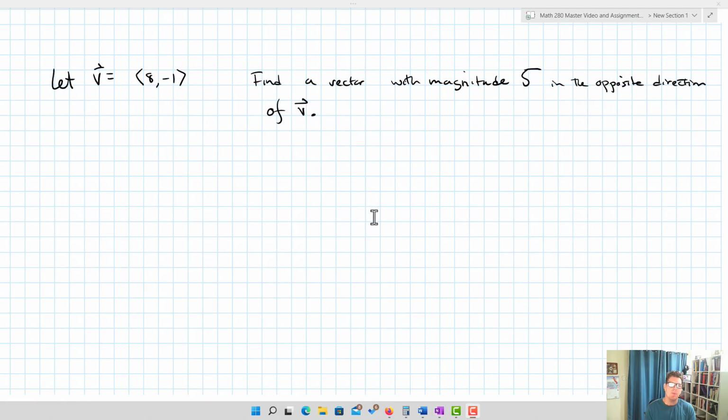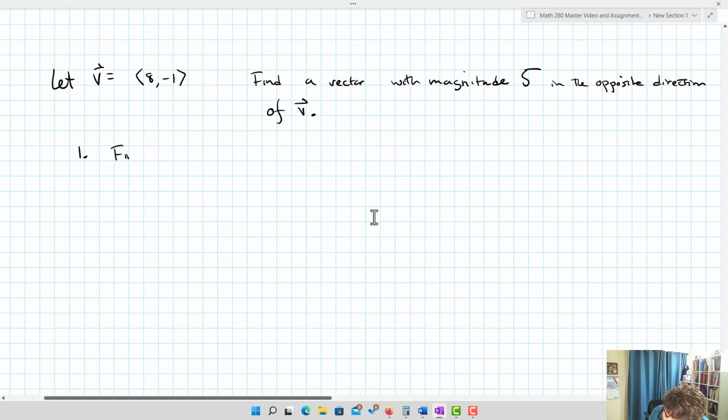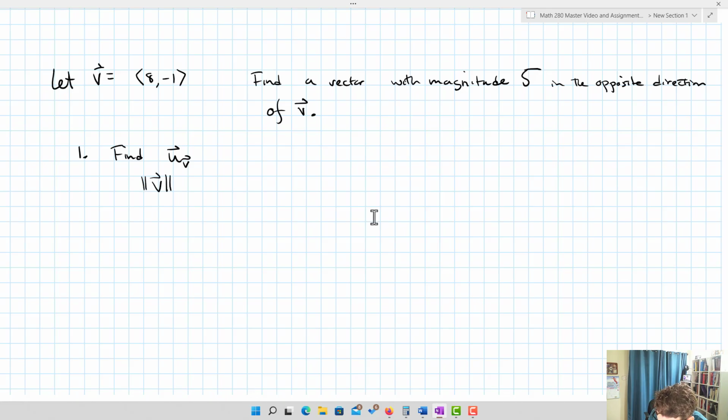So let's say, for example, we have a problem like this. We want to find a vector with a magnitude of 5 in the opposite direction of V, and V is 8, negative 1. So first we're going to find U of V, our little unit vector for V. Remember, the first thing we need to do is find the magnitude of V. The magnitude of V is going to equal the square root of 8 squared plus negative 1 squared, which is root 65.